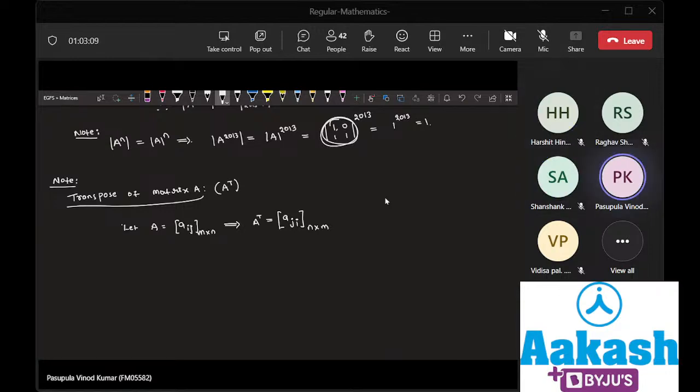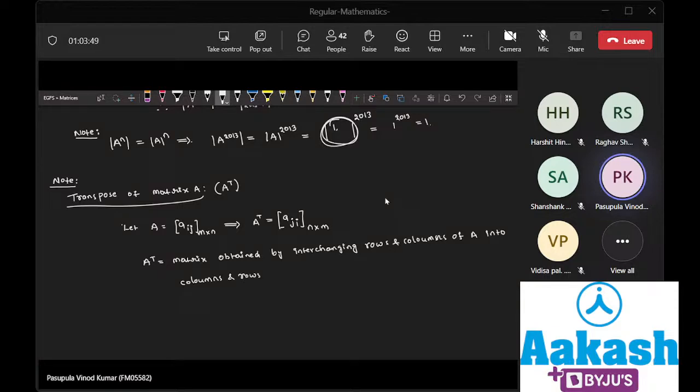So we can write it another way also. A transpose is a matrix obtained by interchanging the rows and columns of A into columns and rows respectively.